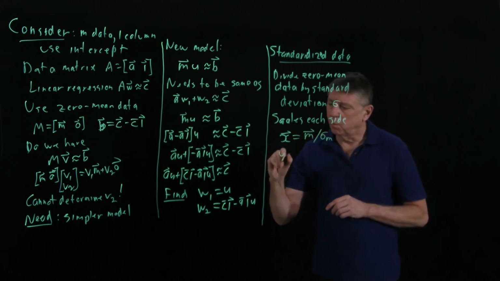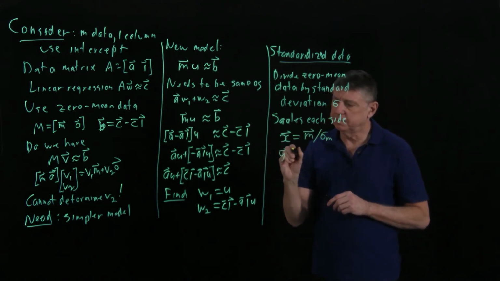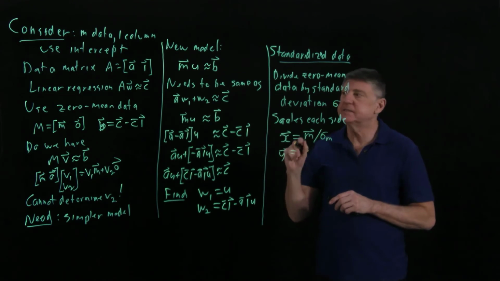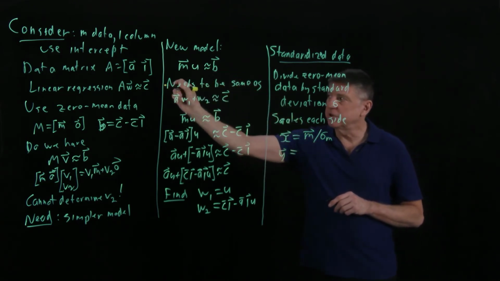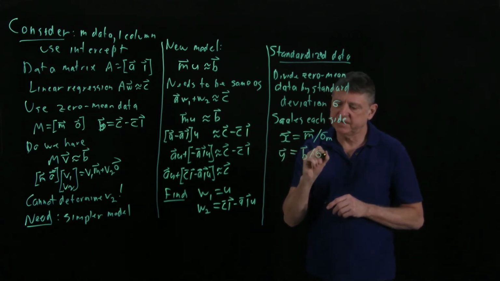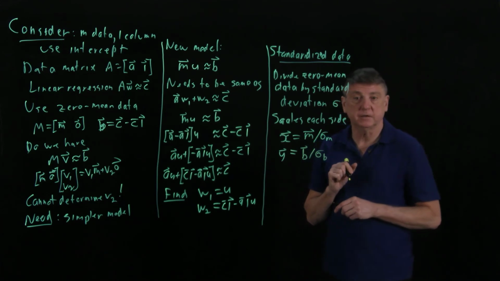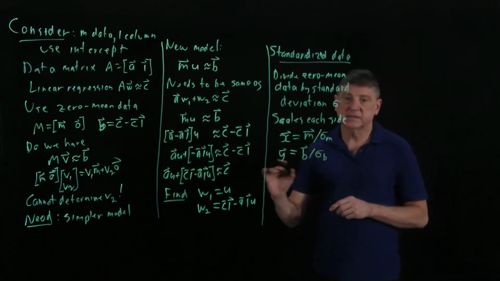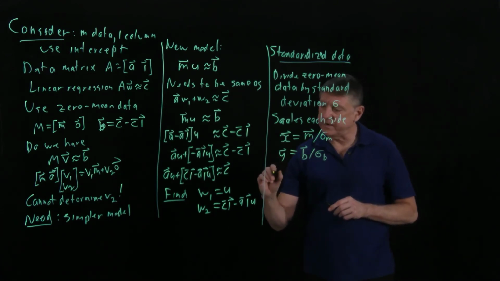And now y is our standardized dependent observations, so that will be our b vector divided by the standard deviation of everything in the b vector.